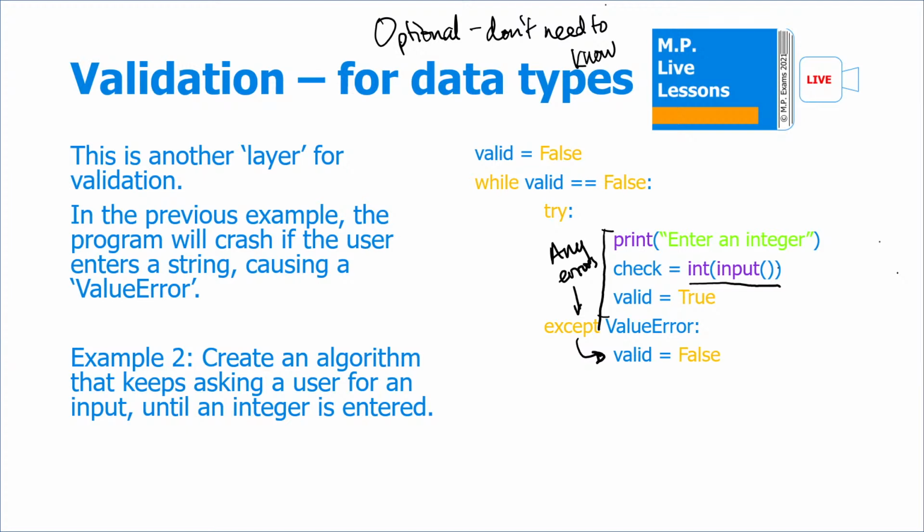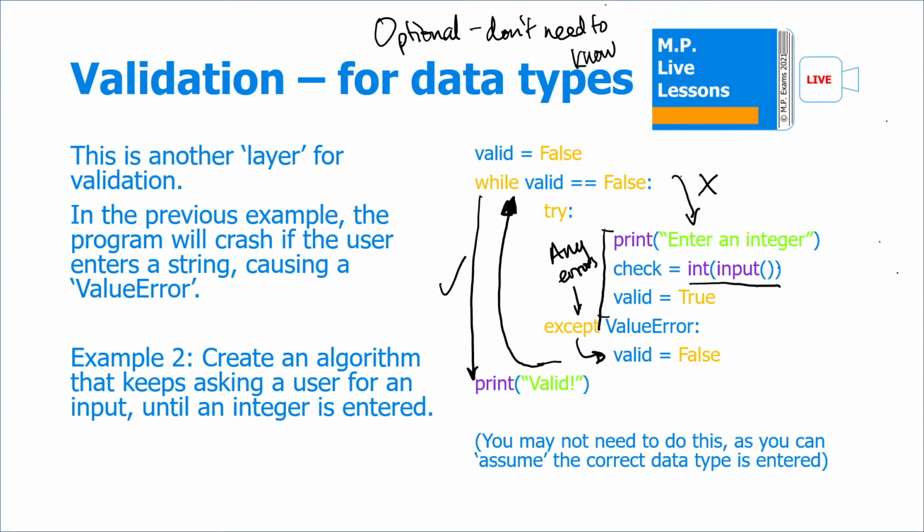So the valid variable will remain false, and then the end of the while loop is reached, so it will check again. Once again, it works the same as before. If it's false, it'll continue and try again. If it isn't, it'll go to here, it'll just print out valid, and we know the program will just continue with everything else.